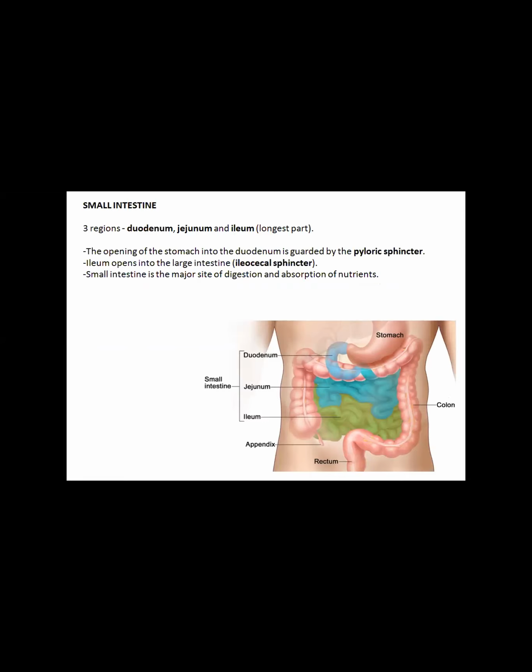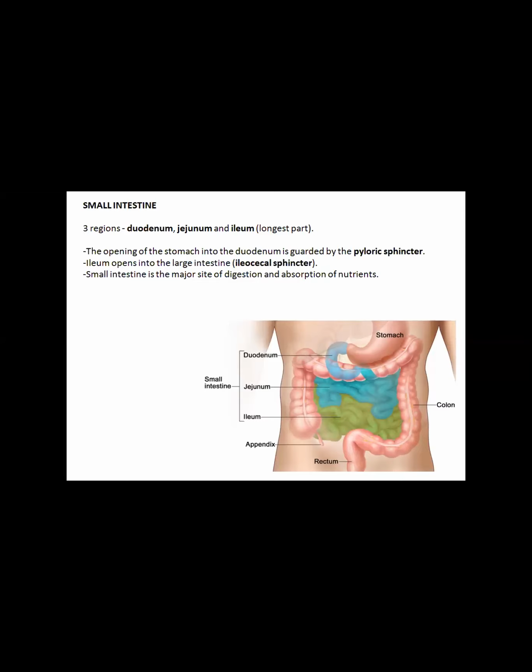So pyloric sphincter, I am starting. The very first region of the small intestine is known as duodenum, and the opening of the stomach into this duodenum region is guarded by pyloric sphincter. Pylorus was the part of the stomach, right?